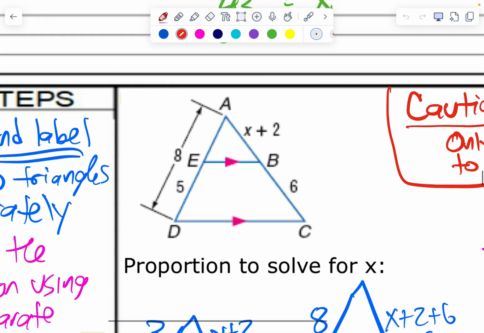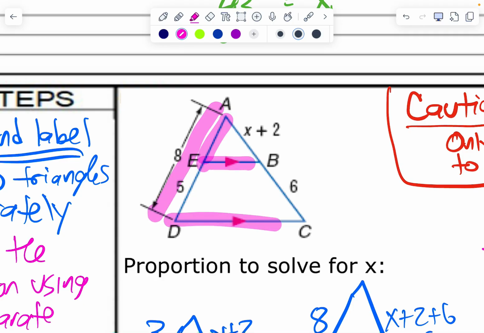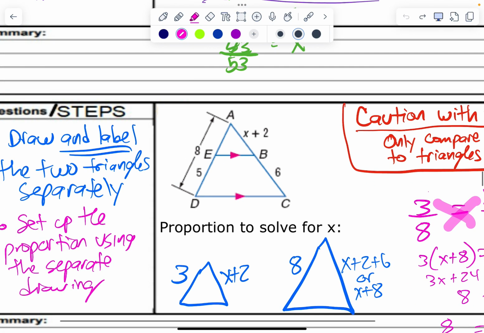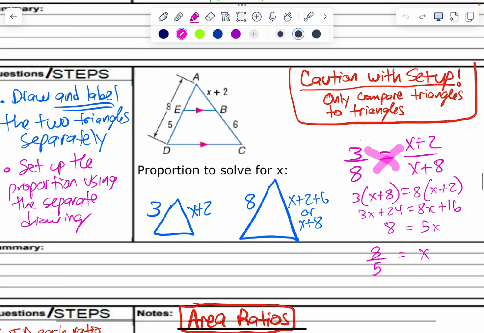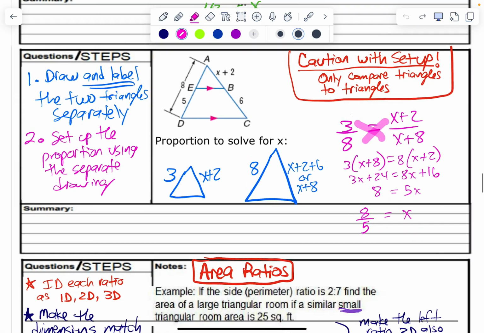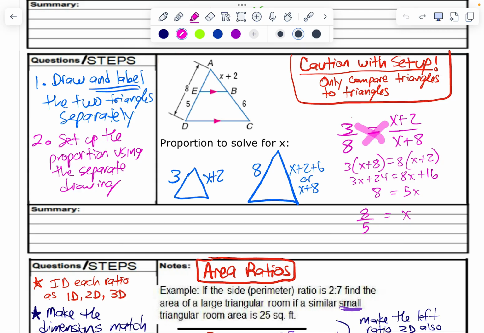So maybe say something like left side to entire left side, or bottom to entire bottom, those kinds of things. Anyway, that then yields a proportion that we just solve with our strategy of butterfly method.